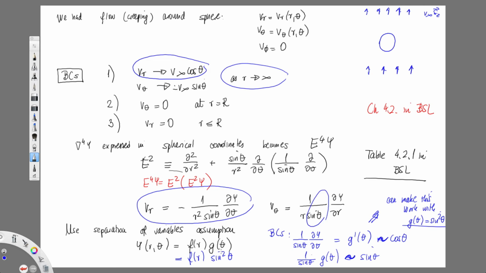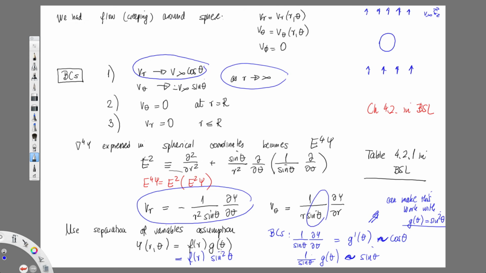Okay. So this part is okay, separation of variables. Fine. Now I'm trying to guess what my g of theta should be, and I can look at my boundary conditions. So when I look at my v theta boundary condition, the number 1, I'm imposing something as r tends to infinity, on my VR, which in terms of psi is, technically, VR of r theta equal to minus 1 over r squared sine theta times f of r times g prime of theta.